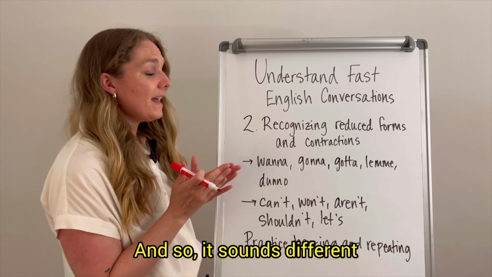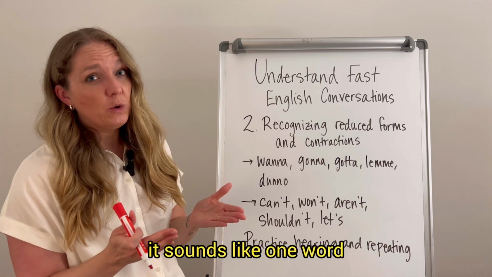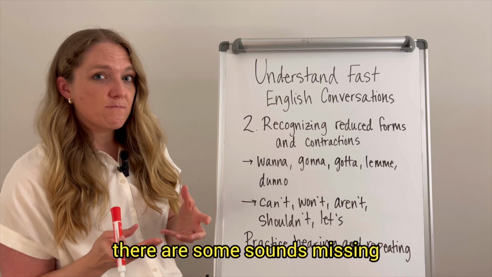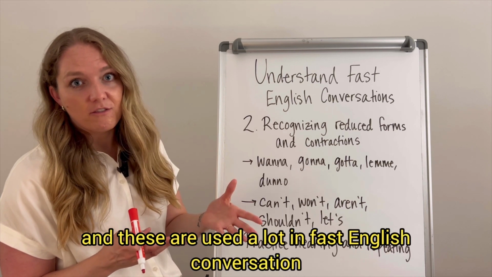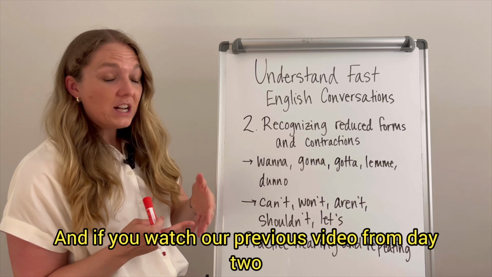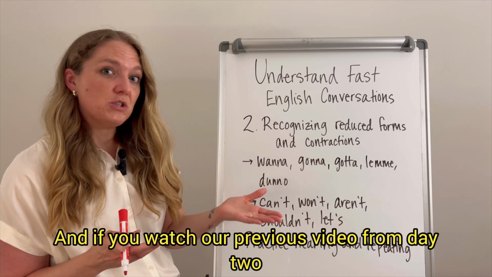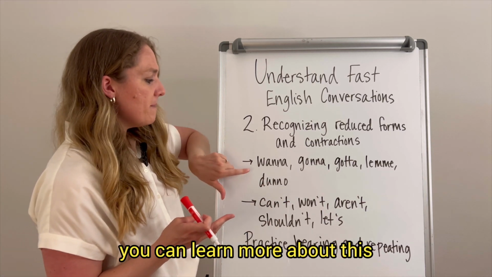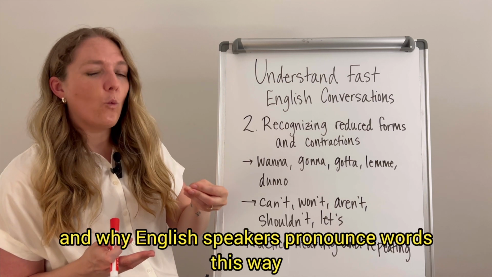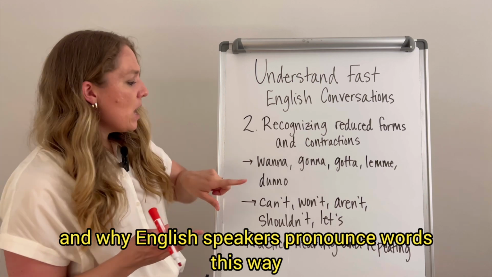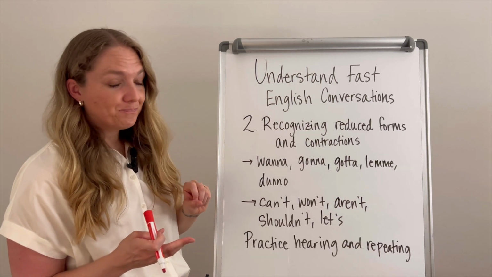And so it sounds different. It sounds like one word. There are some sounds missing, and these are used a lot in fast English conversation. And if you watch our previous video from day 2, you can learn more about this and more about pronouncing these correctly and why English speakers pronounce words this way.